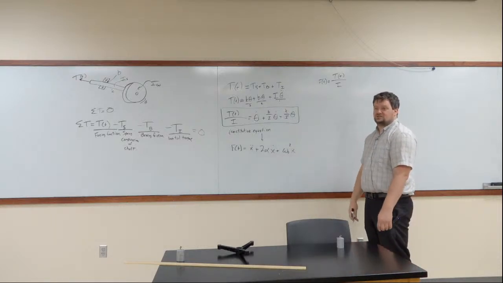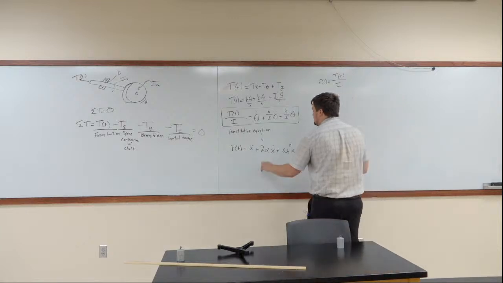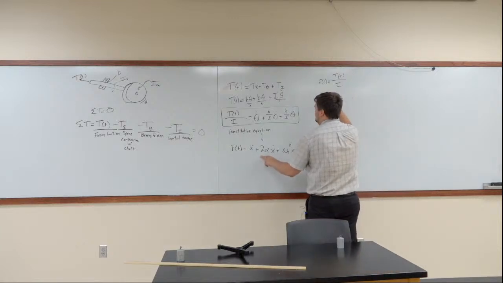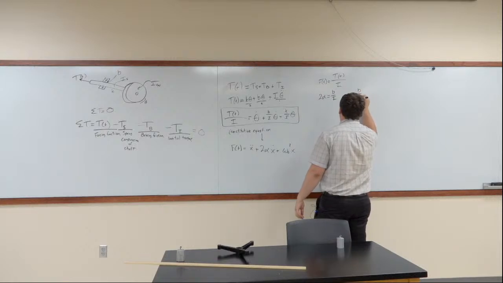That's your forcing function for the entire system. We know 2 alpha is equal to b over I, which means alpha is equal to b over 2I.